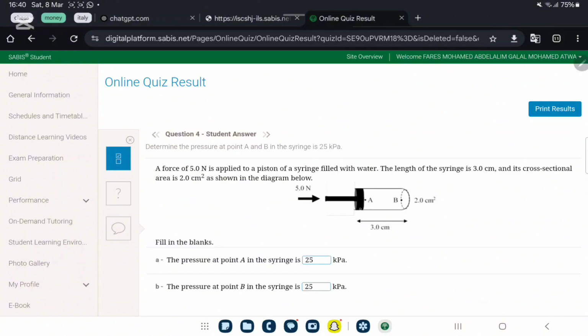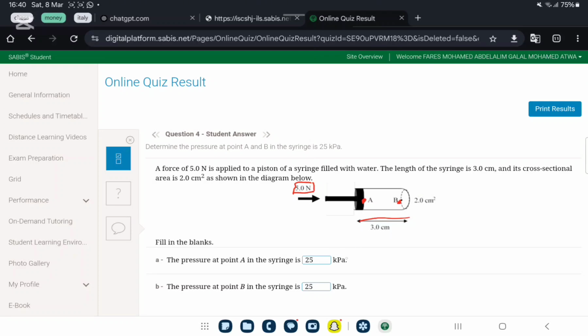They want the pressure in point A and the pressure in point B. They gave us the height is 3, cross-sectional area is 2, and the force is 5 newtons. So we know pressure in liquid is isotropic, and it's not acting on an object, it's acting on the walls, so it's going to be the same pressure all over the container.